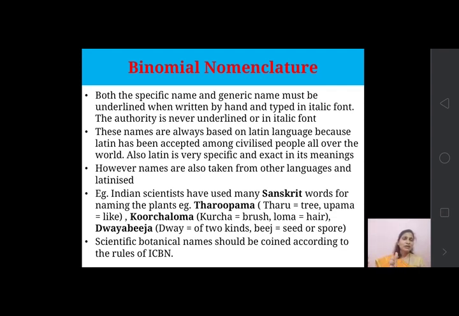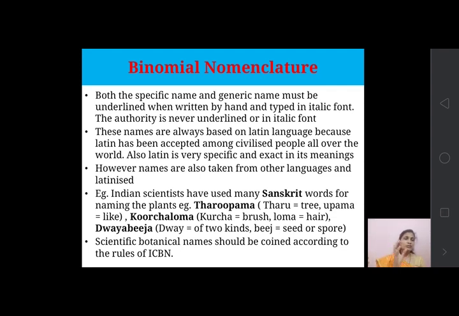Then Kurcha Loma. In Sanskrit, Kurcha means brush and Loma means hair. So when a plant shows an inflorescence which is brush like, that is Callistemon or the bottle brush plant, their inflorescence looks like a brush.